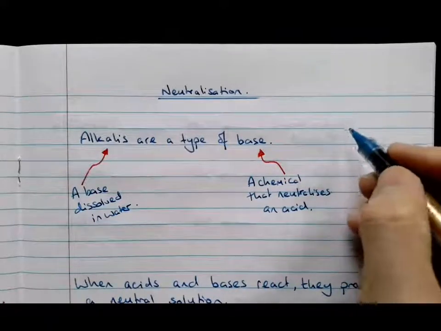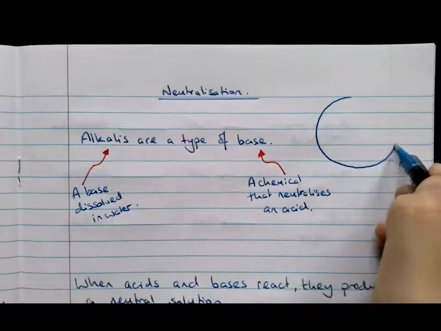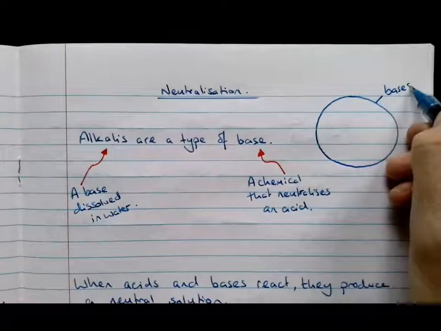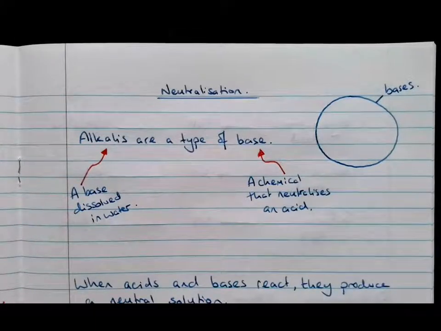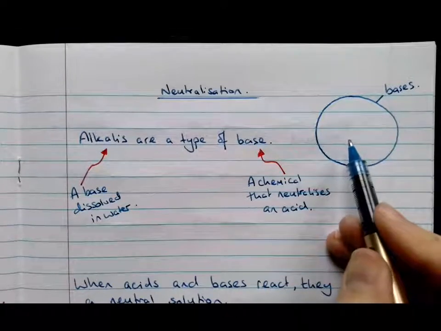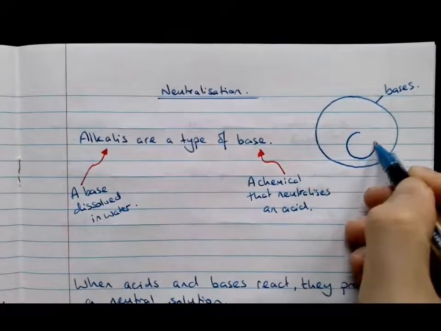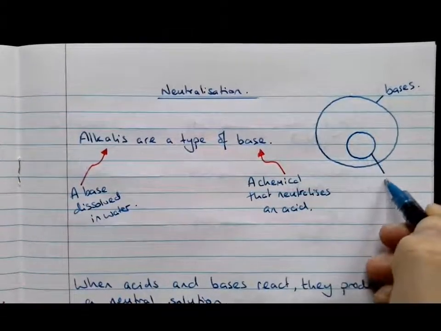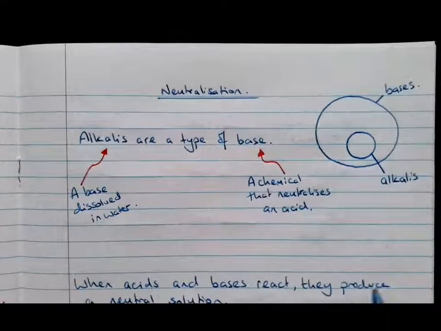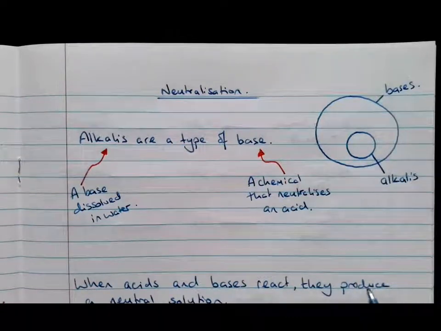Imagine that this circle represents all bases. Some of those are solids, and some of those are dissolved in water. The ones that are dissolved in water, these ones here, are the alkalis. So alkalis are part of all the bases, the ones that are dissolved in water.